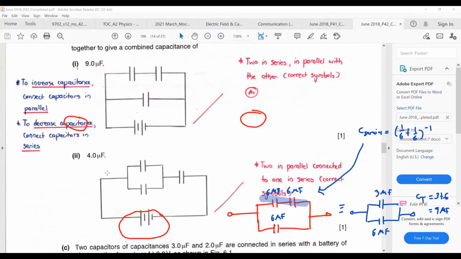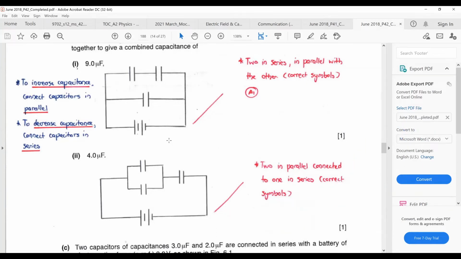Then after that, you have this one here. You want it to have 4 microfarads. This is the connection that you will use. Okay, 2 capacitors in parallel, and then 1 capacitor in series. So the easiest way I can tell you now would be to do something like this. If you just draw it like this, I tell you that this one is 6 microfarad, 6 microfarad, 6 microfarad.